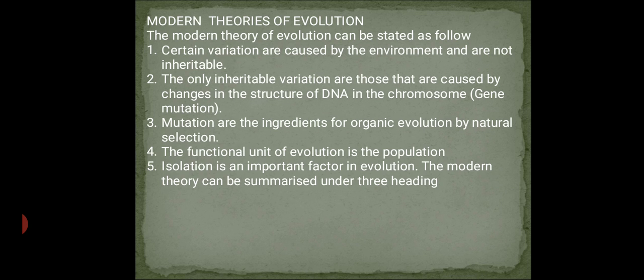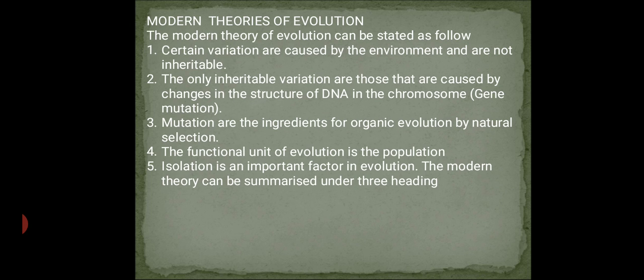Two, the only inheritable variations are those that are caused by changes in the structure of DNA. Three, mutations are the ingredients for organic evolution by natural selection. Four, the functional unit of evolution is the population. Five, isolation is an important factor in evolution.